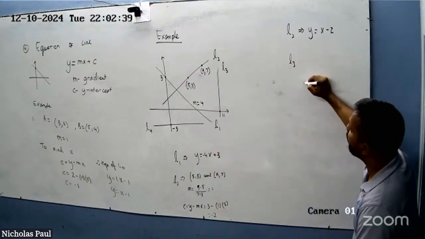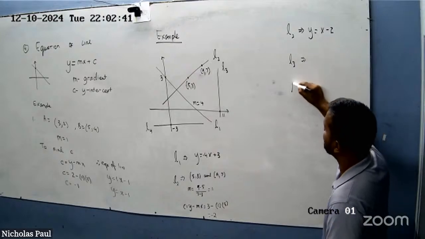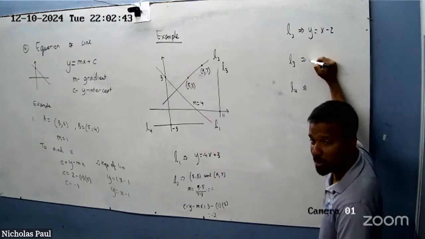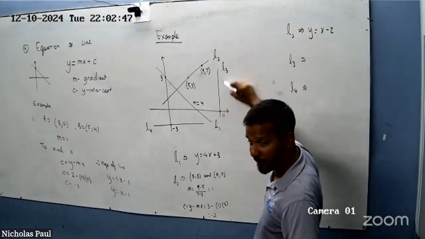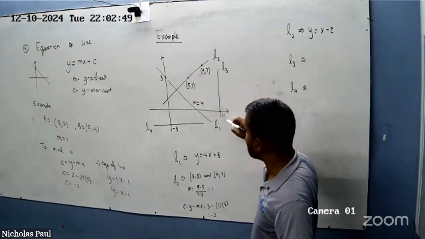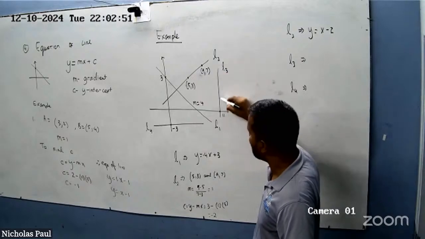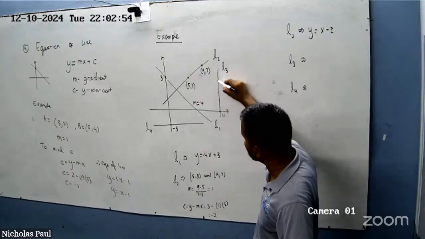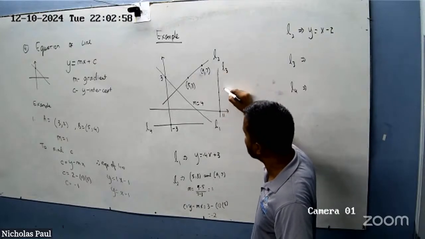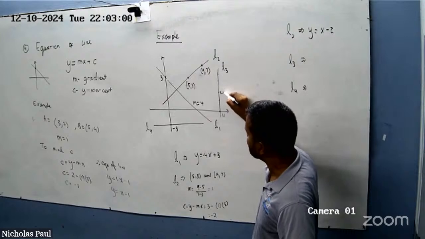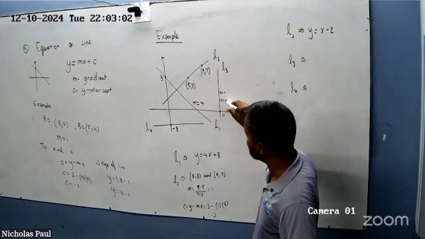Line 3 and 4, real simple, but you wouldn't have done one like this yet. For line 3, it's a vertical line. What you will recognize is that if it's a vertical line, every single point here, the x value is 11. Here, the x value is 11.